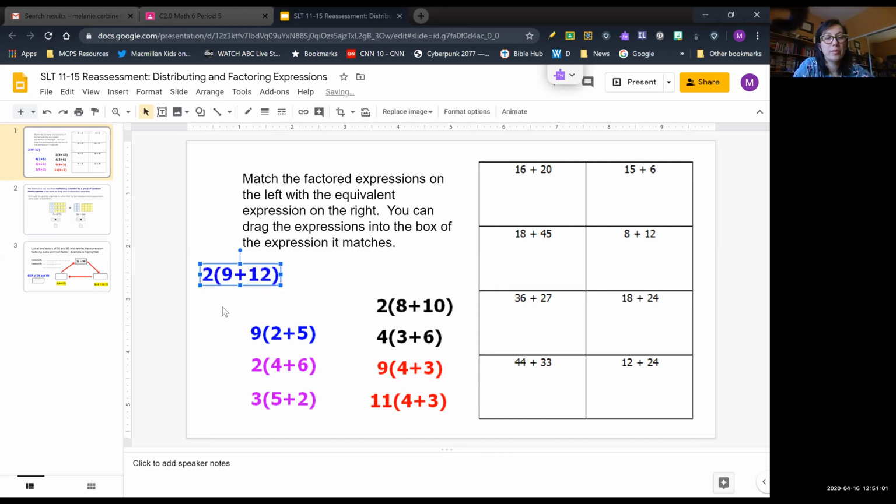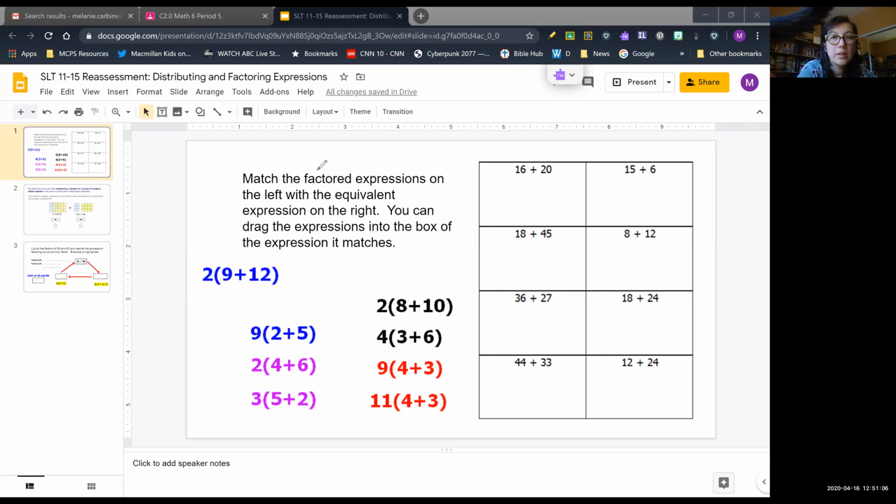You could take one of them and do the multiplication. 9 plus 12 is 21. 2 times 21 is 42. I could do the addition over here, see if I can find one that equals 42. 12 plus 24 is 36. 18 plus 24 is 42.